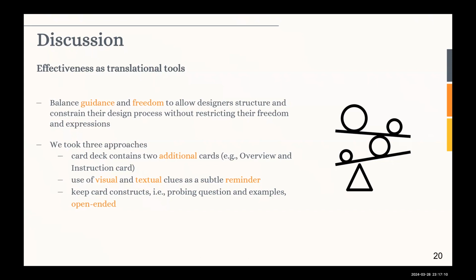The card deck contains additional cards such as overview and instruction cards to provide suggestions of the card use rather than specific usage guidelines. We use visual and textual clues as subtle reminders. We also keep card constructs such as probing questions and examples open-ended so that designers can appropriate them based on their goals and needs.